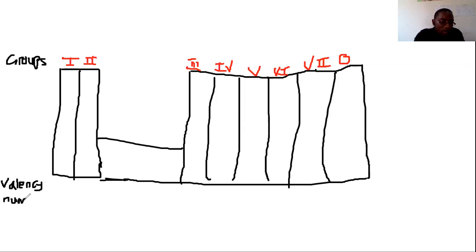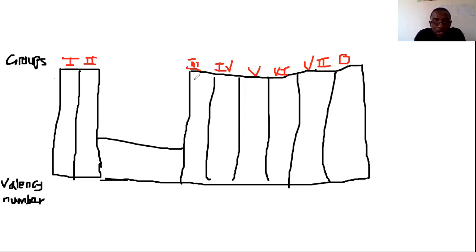In group 1, that is where you find sodium, lithium, rubidium, cesium, francium. You go to group 2, you find beryllium, magnesium, calcium, barium, and so on and so forth.